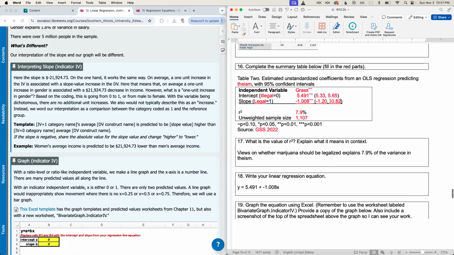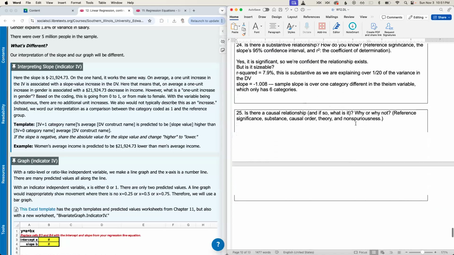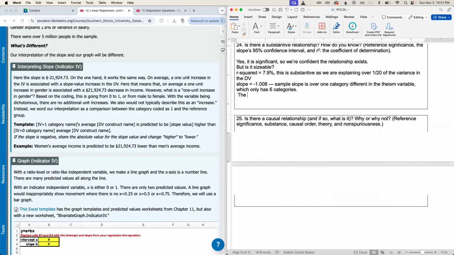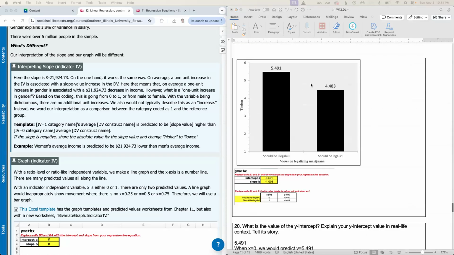So we're confident that it's at least 0.82 different. And so if I think about that, I'd say that's still, on this 1 to 6 scale, a pretty substantive change.